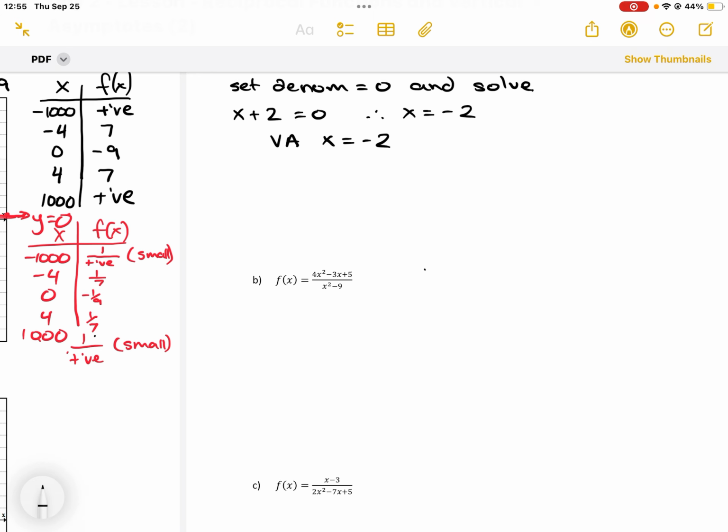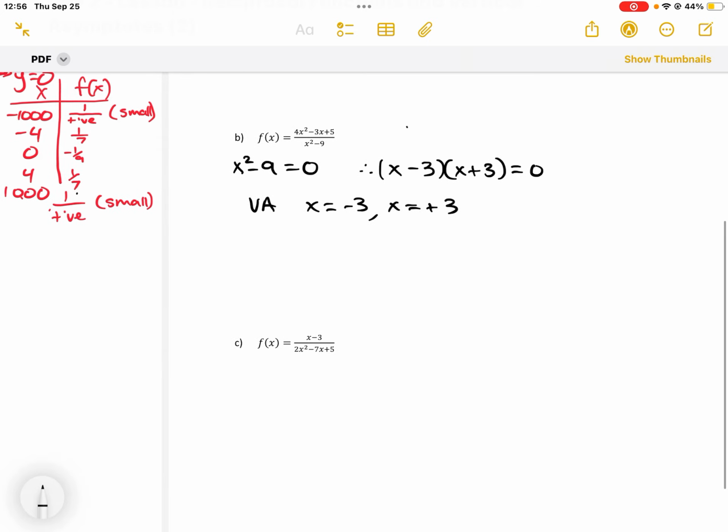If I move down, this is the same thing that I had before. In order to find my vertical asymptotes, I'm going to set my denominator equal to 0 and solve, which means that I get x minus 3 or x plus 3 equals 0. So I've got 2 vertical asymptotes at x equals minus 3 and x equals positive 3. And the last one here is a tricky trinomial.